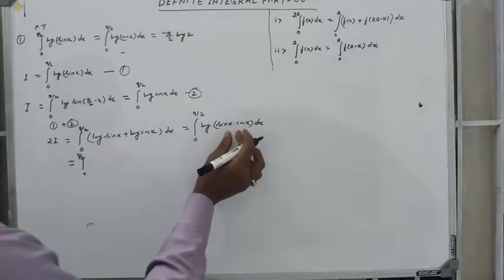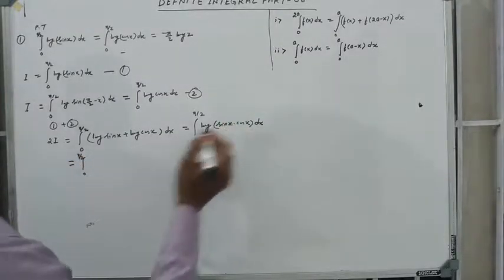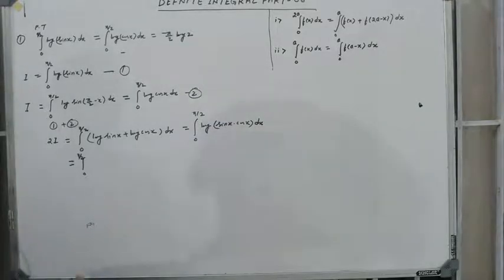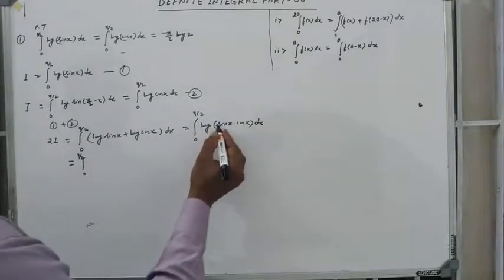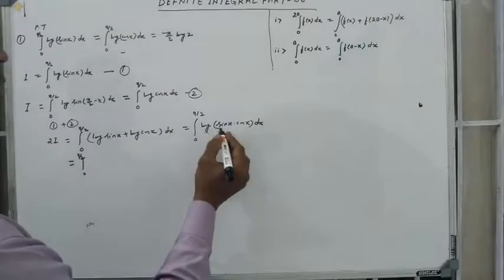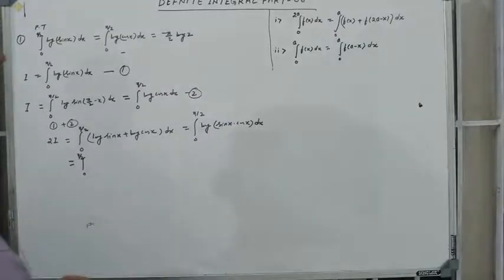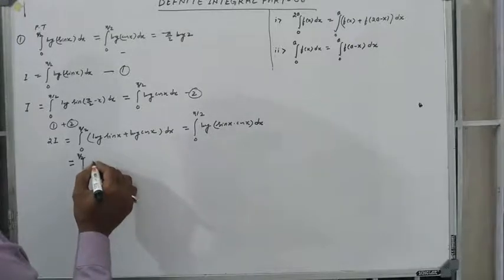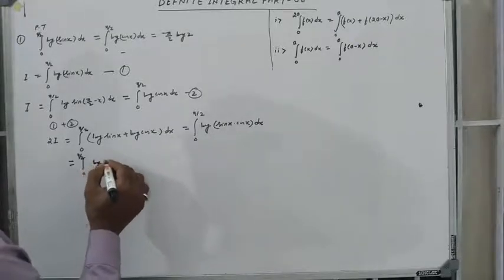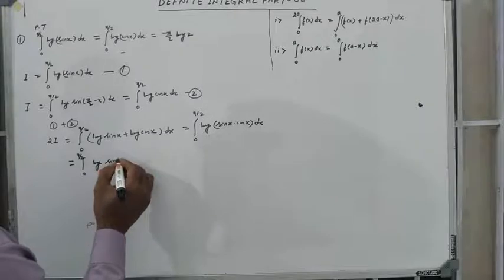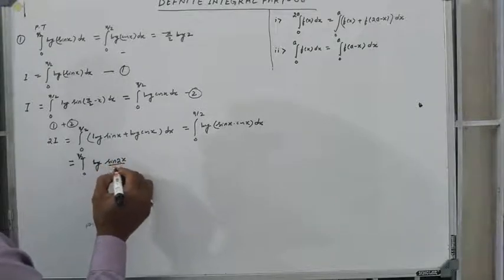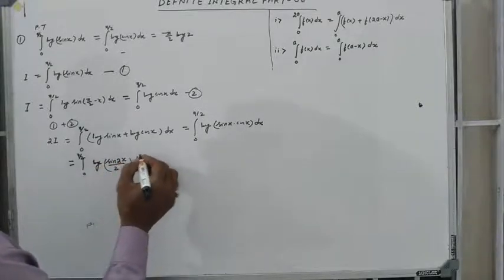Here we want to change this into a single trigonometric function. So if we multiply by 2 and divide by 2, it will become 2 sin x cos x, that is equal to sin 2x. So directly I am writing here sin 2x by 2 dx.